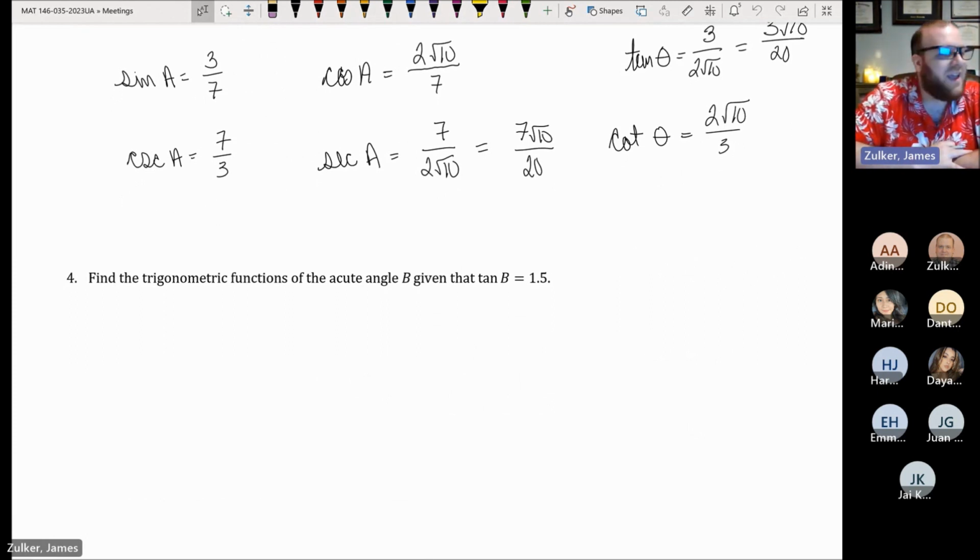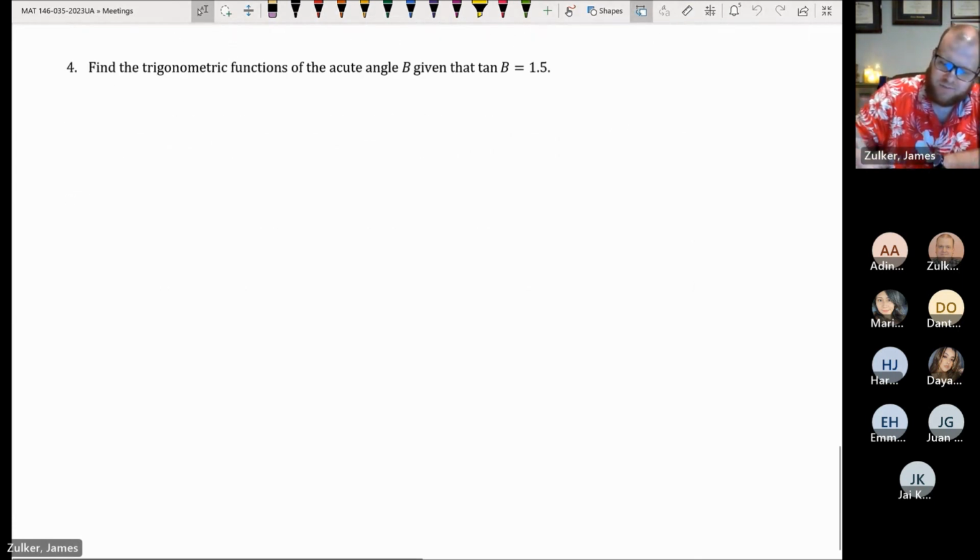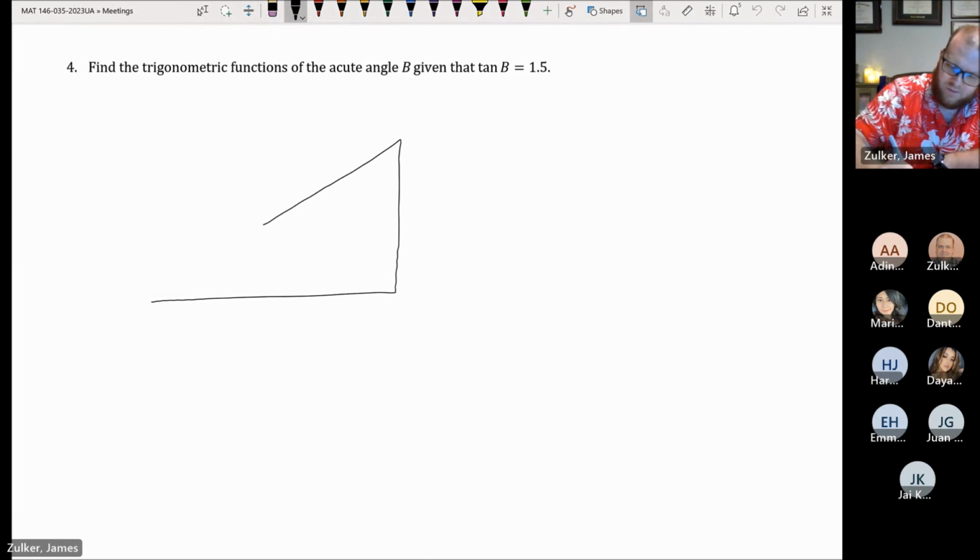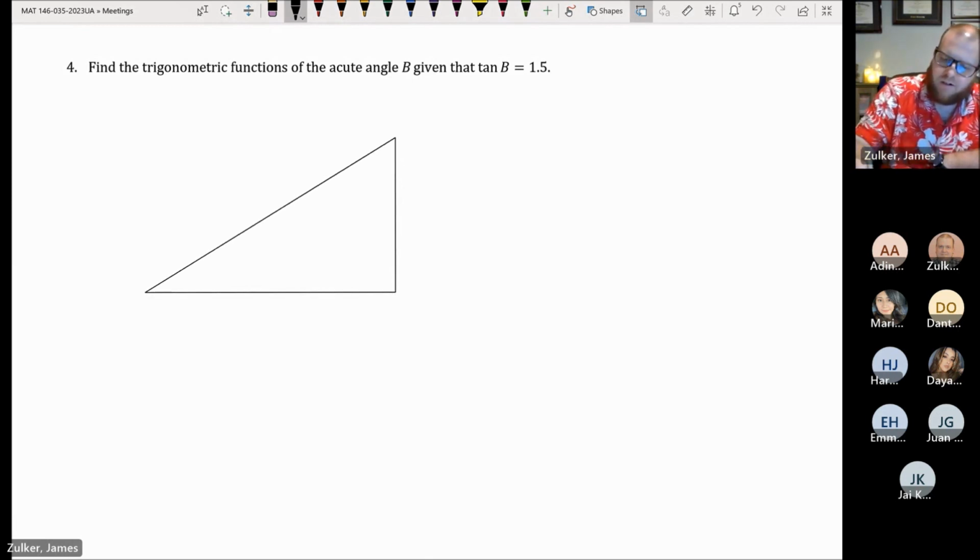Find the value of the trigonometric functions of the angle B, given that tangent of B is 1.5. Let's call that our angle B. So we know tangent is 1.5.